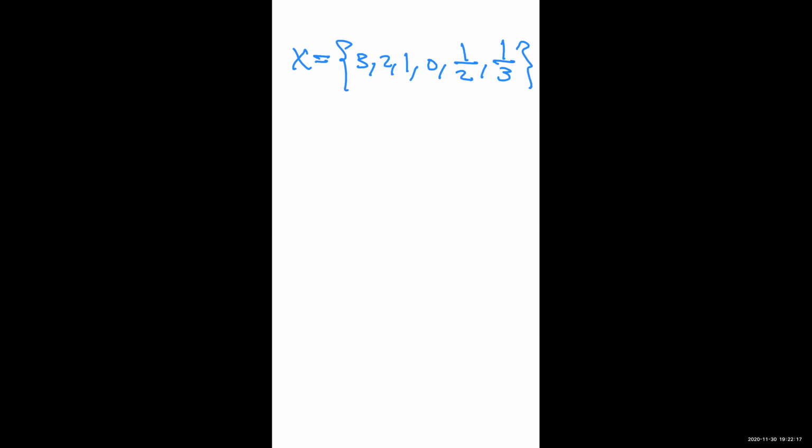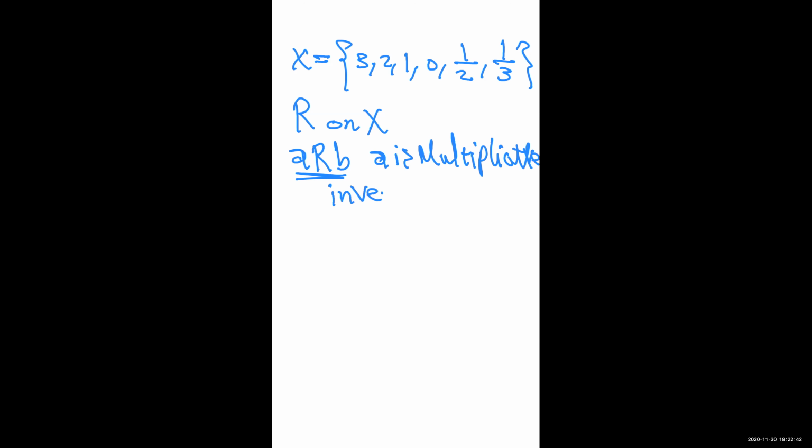The relation is only on X, so we don't have any more sets, only X. And the relation here, a relation b, means a is the multiplicative inverse of b. State the relation, mention if it's a function or not, and if it's a function, find the range, as usual.